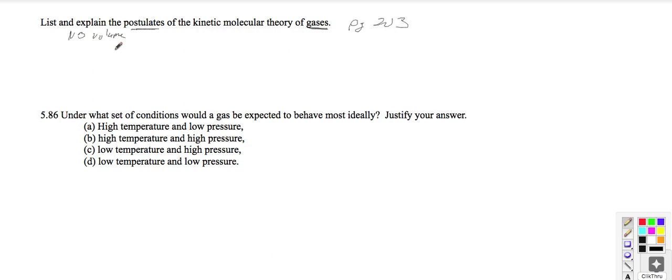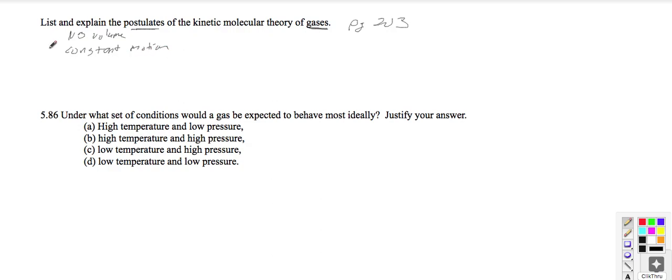All right. Next one is that they are always in motion. This motion is always straight line, it's always random, and it's always happening. And so a really important concept here is that as long as there is a temperature, those gas molecules are moving.